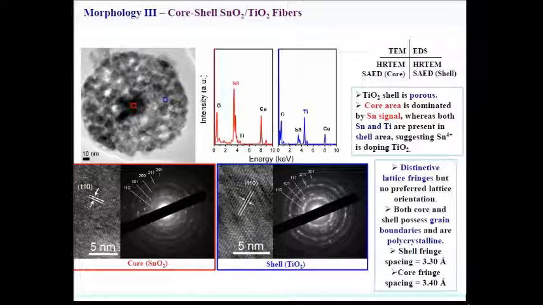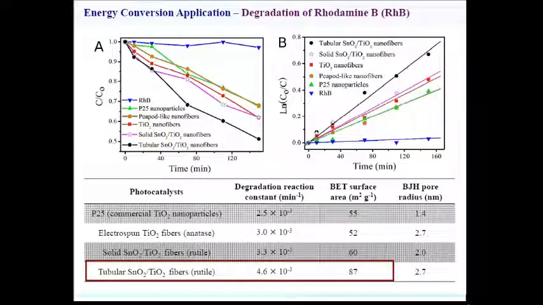So the very interesting lesson to be learned from electrospinning is that you can create a variety of different morphological motifs simply by varying the conditions of the electrospinning process. One of the implications is that you can have a very high surface area material compared to, say, rhodamine B, as you can see right here, when you're trying to photodegrade this particular dye. Our structures behave much better than, say, the conventional Degussa P25 nanoparticles.